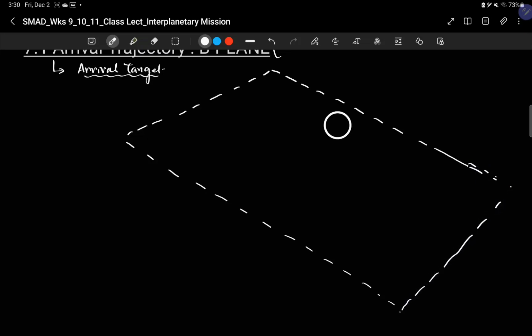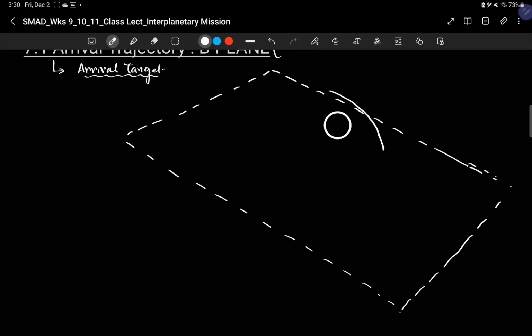Once the incoming spacecraft has arrived into the planet's orbit, it is in the same plane as the target planet. So let's suppose this is our incoming spacecraft. It has arrived into the same plane.